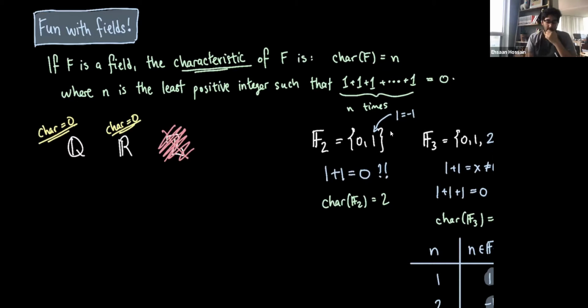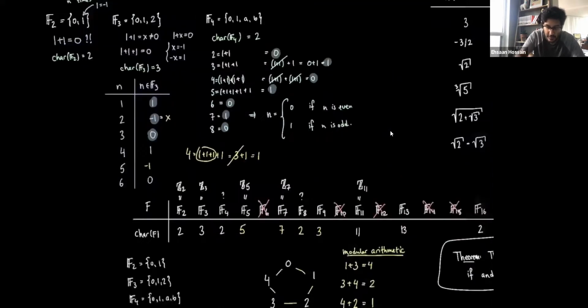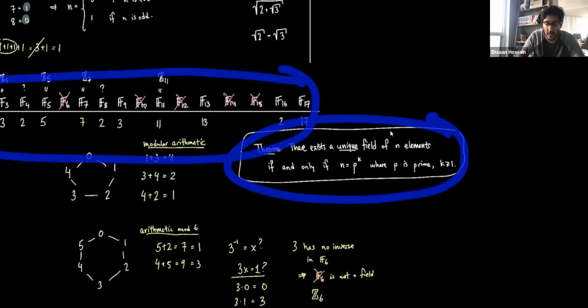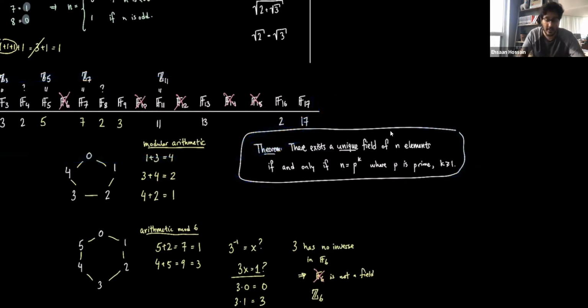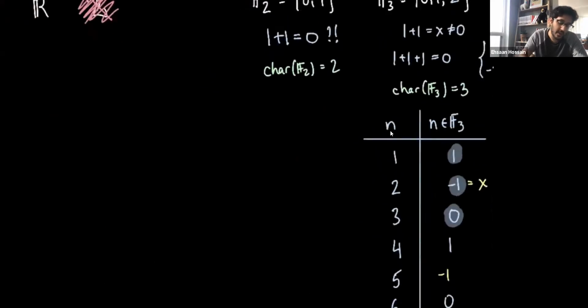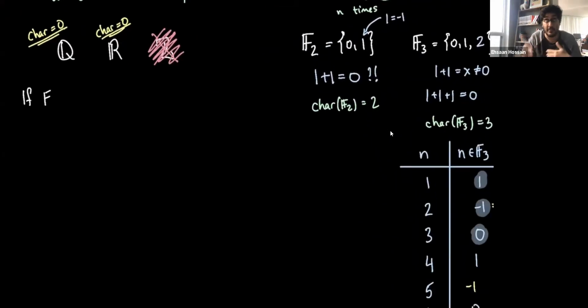So what can you do with a field of characteristic 0? If F is a field of characteristic 0, it's going to be completely different from the flavor of math we were doing here. And there's no real theorem like the one we were talking about earlier. It's a completely different setup. Well, okay, that's not necessarily true, but it has a very different flavor when you're working with fields of characteristic 0.